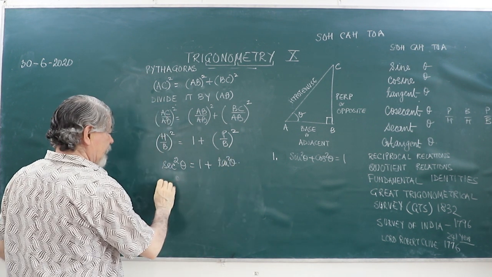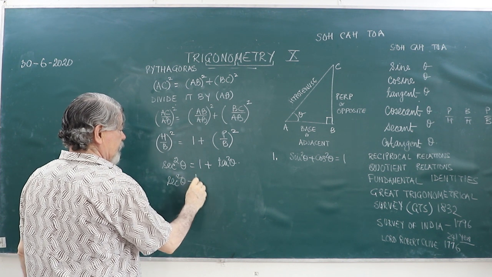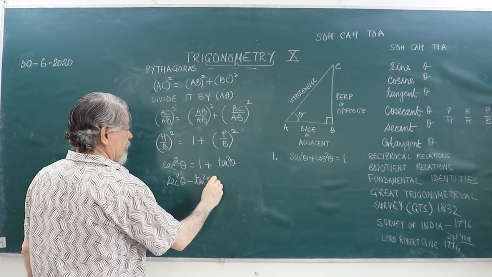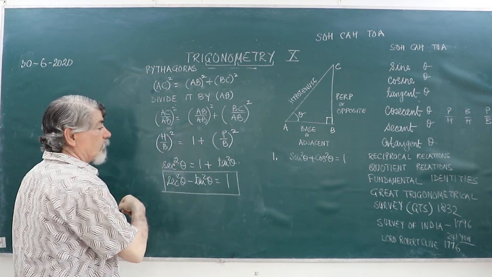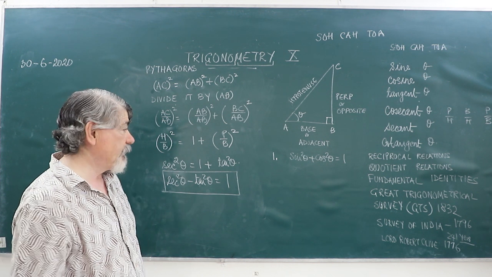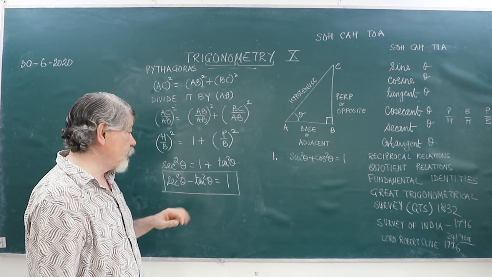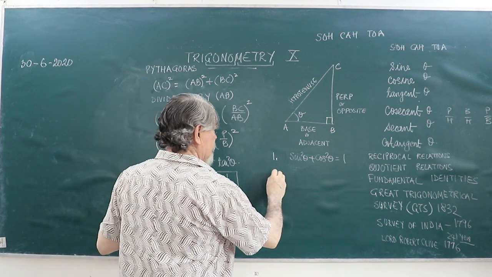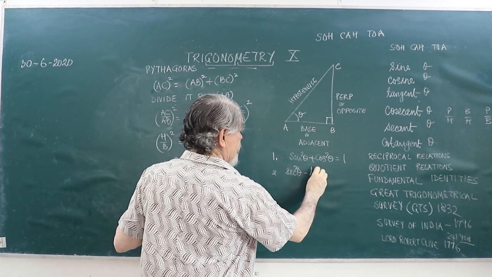So generally we write it as sec square theta minus tan square theta is always equal to 1. Because I am trying to convert everything on the right side as 1. But I'll show you later on what we can do with this. Second one is sec square theta minus tan square theta is 1.